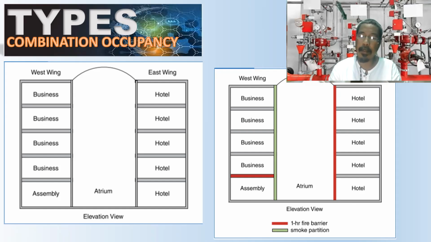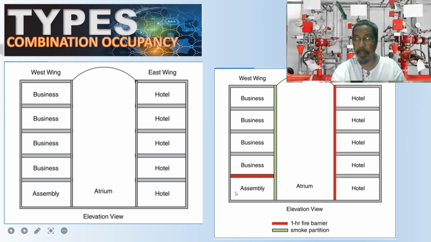We have the red portion of the materials, which means we have 1 hour fire rating, and the light green is smoke partition barrier.